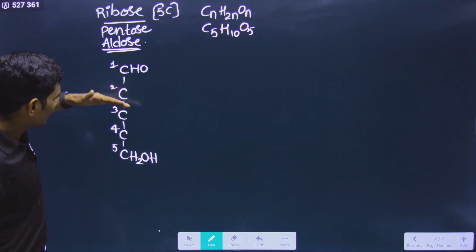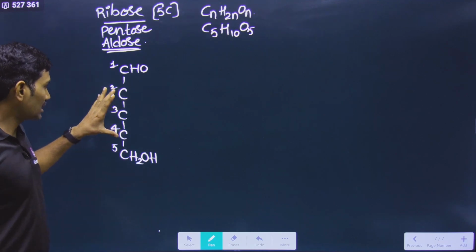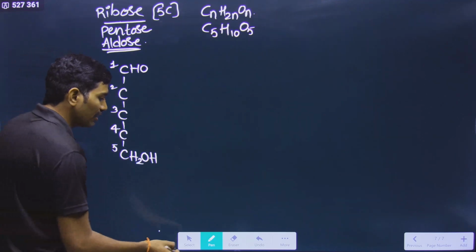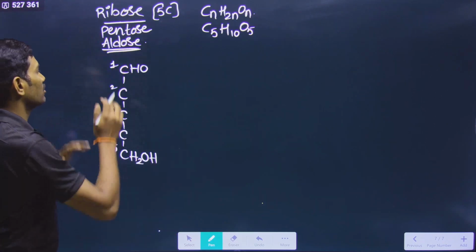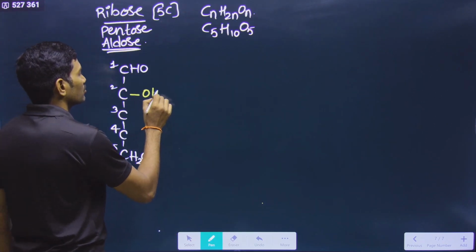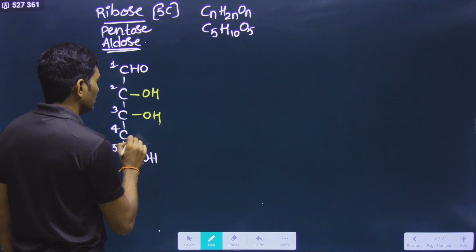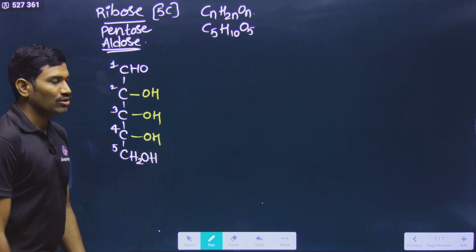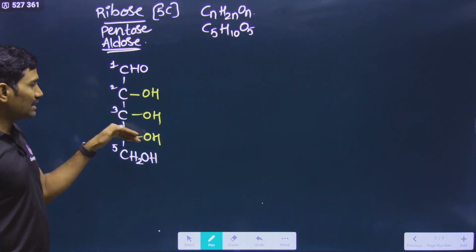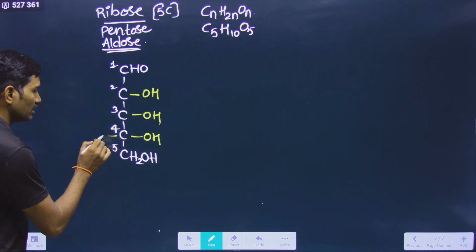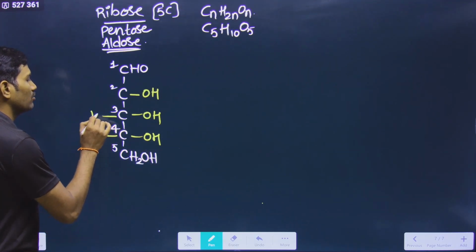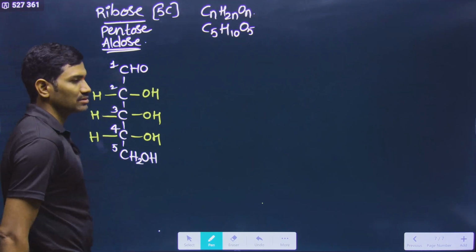Now, for the second, third, and fourth carbons, how exactly are the hydrogens and hydroxyl groups present? In the case of ribose sugar, on the right side, the OH group is present at the second, third, and even the fourth carbon. On the left side, hydrogen is present at all 3 carbons.